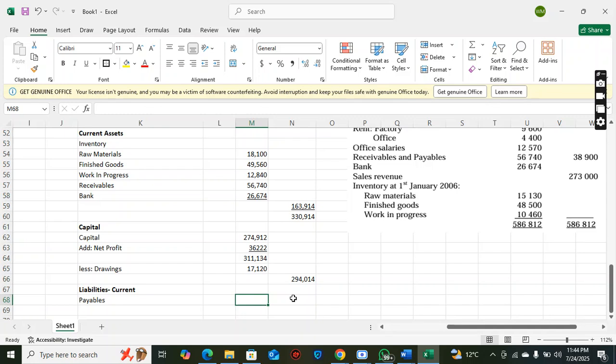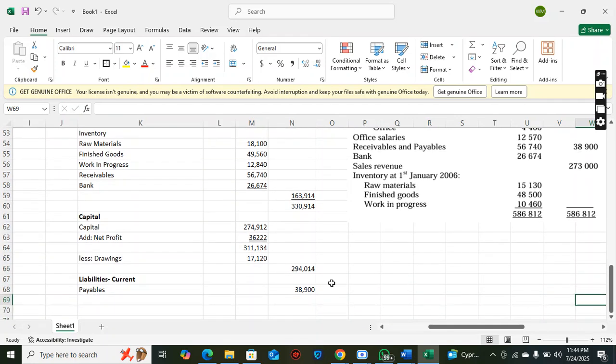Payables. Okay, so we total up our capital and liabilities.